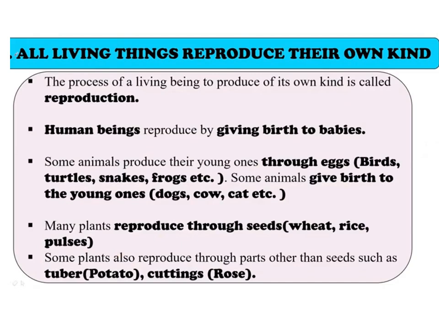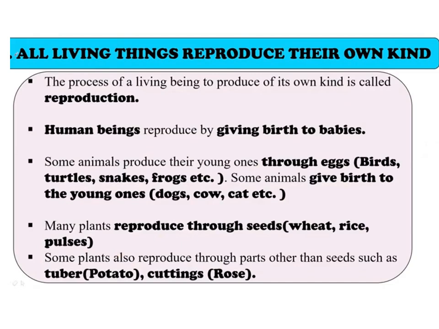In your book you can see picture 9.15: a seed from a plant germinates into a new plant, and the plant produces seeds which can germinate and grow into new plants. Some plants also reproduce through parts other than seeds, for example, a part of potato with a bud grows into a new plant. That is in your book, picture 9.16: a new plant grows from the bud of potato. And plants also reproduce through cutting.